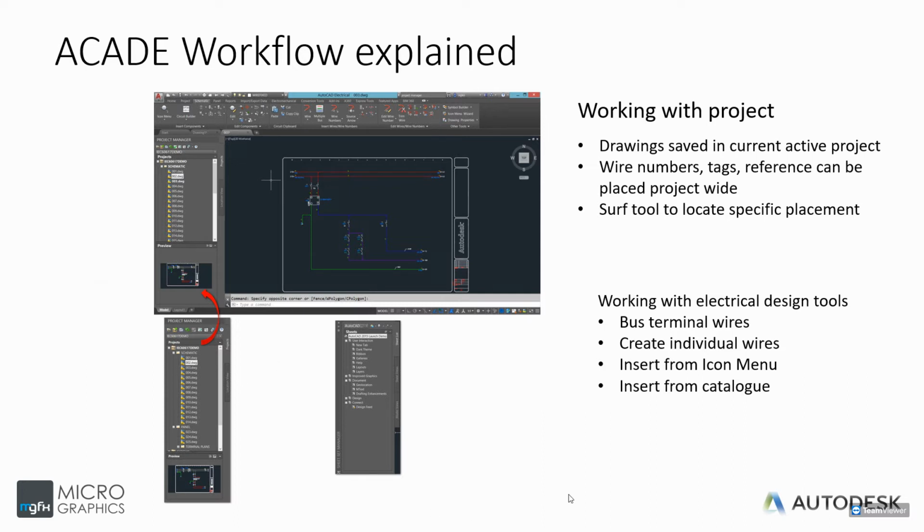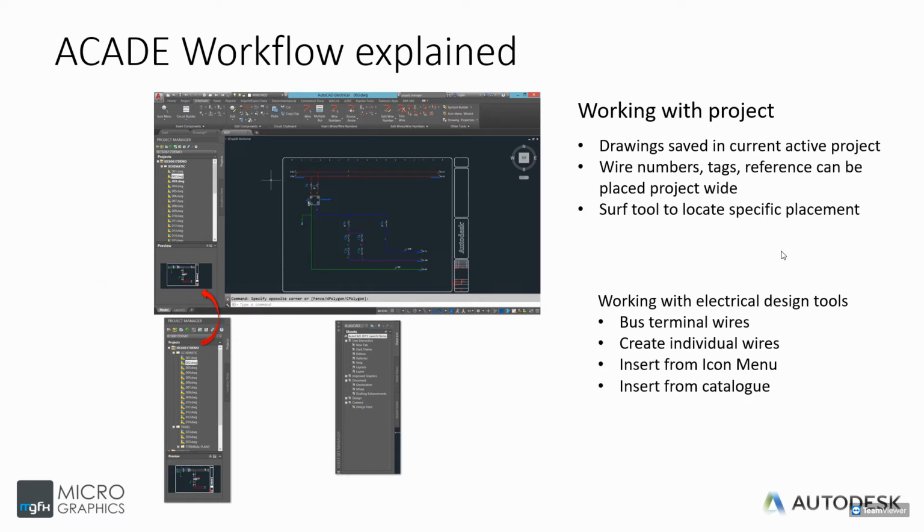This means it will create a sort of database linking all the tags and all the references, and you can use the surf tool to surf within a drawing or within the project itself. So that can really help you identify maybe a cable or reference along the way.